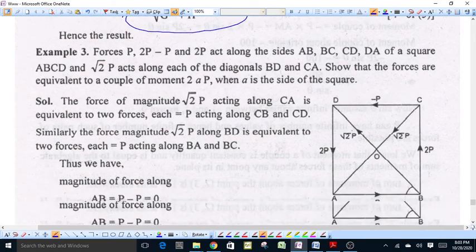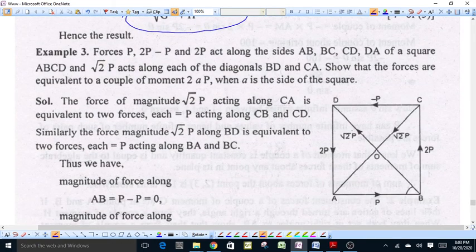Now see this example. Forces P, 2P, minus P, 2P act along the sides AB, BC, CD, DA of a square ABCD. Forces of magnitude root 2 P act along each of the diagonals BD and CA of this square. Then show that the forces are equivalent to a couple of moment 2 AP, where A is the side of the square.